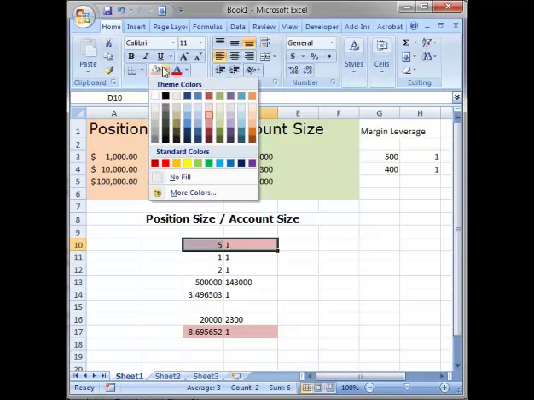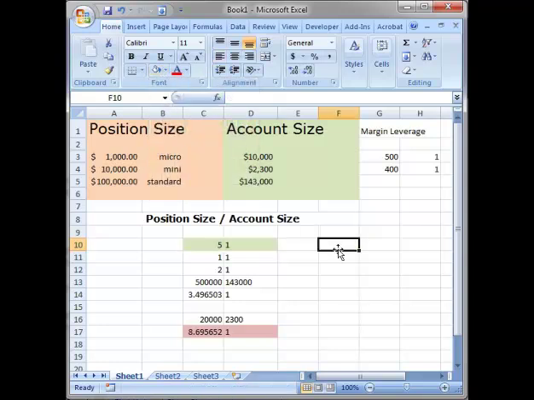This 5 to 1 is what you're looking for. Anything above 5 to 1 would be considered over leveraged. Because if you have 8.6 times as much money as what's in your account in the market, so you have 20,000 in the market and your account size is only 2,300, you do not have a lot of opportunities to make trades in the market without your account going to zero. So what you want to do is keep your leverage below 5 to 1.